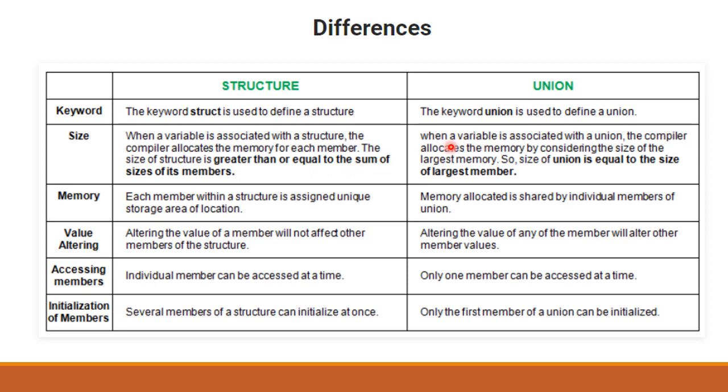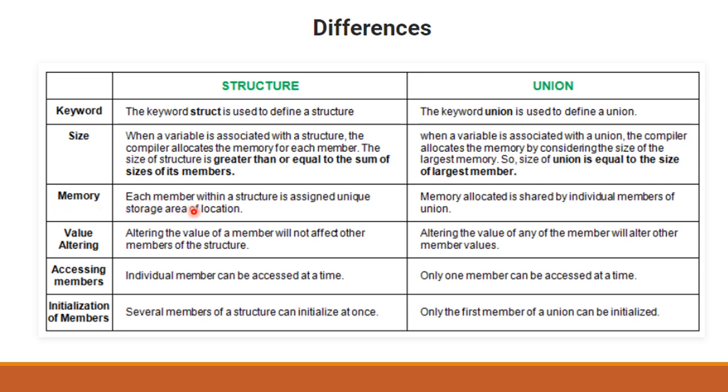Whereas in a union, the compiler allocates memory by considering the size of the largest member. So the size of a union is equal to the size of the largest member.